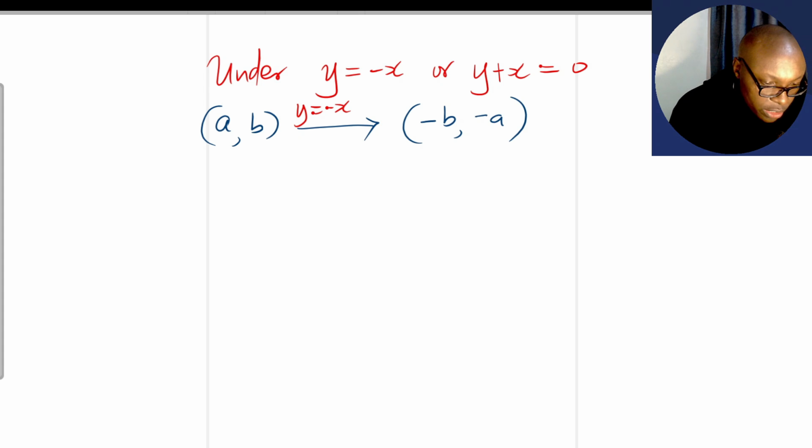So look at what is happening to the object points. They are reversed, and they also change their signs.